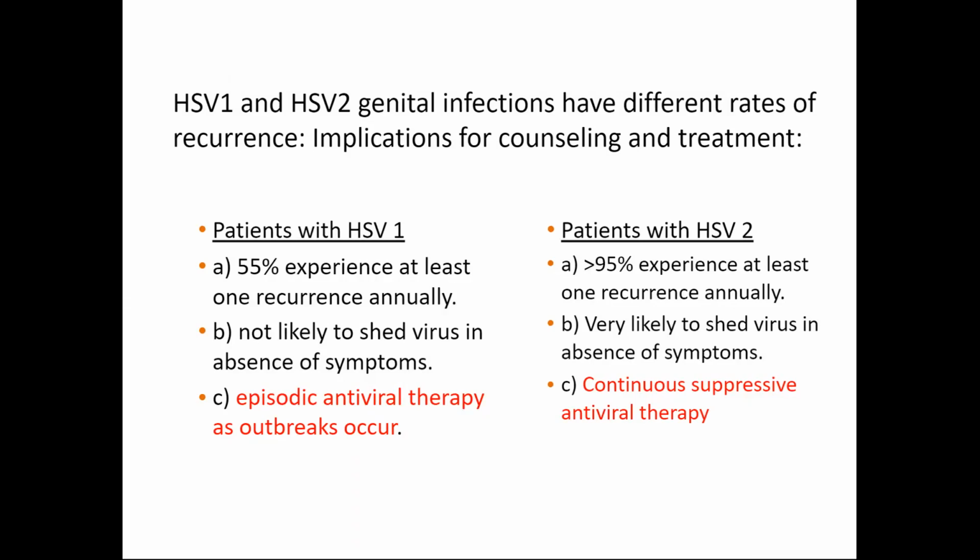Patients with HSV-1 are not likely to shed virus in the absence of symptoms, whereas those patients with HSV-2 are very likely to shed virus in the absence of symptoms. So based on this information, patients with HSV-1 genital herpes are best treated with episodic antiviral therapy as outbreaks occur. In contrast, patients with HSV-2 genital infection are best treated by continuous suppressive antiviral therapy.